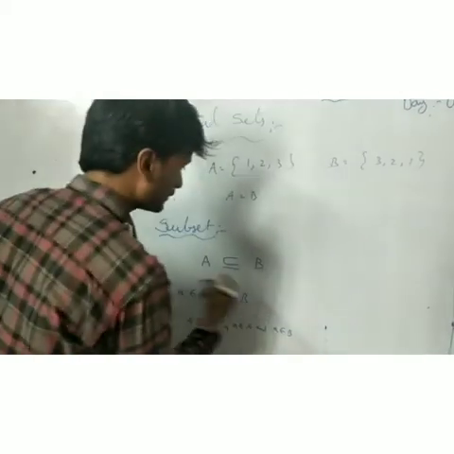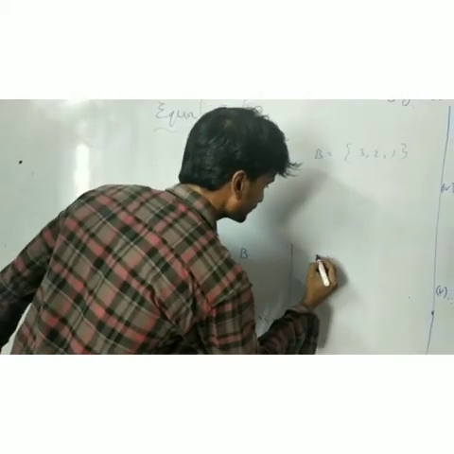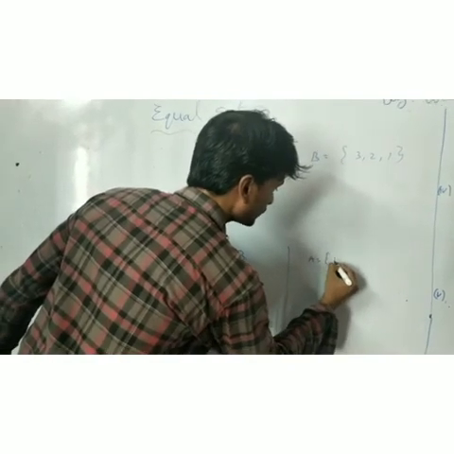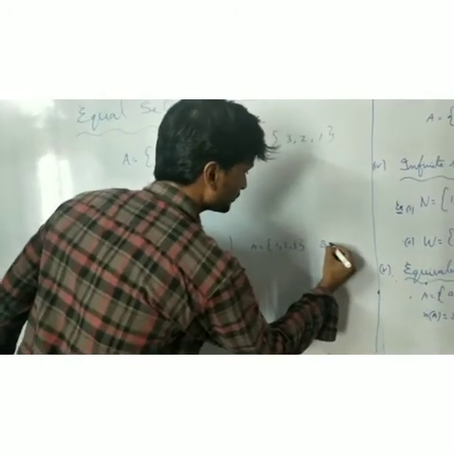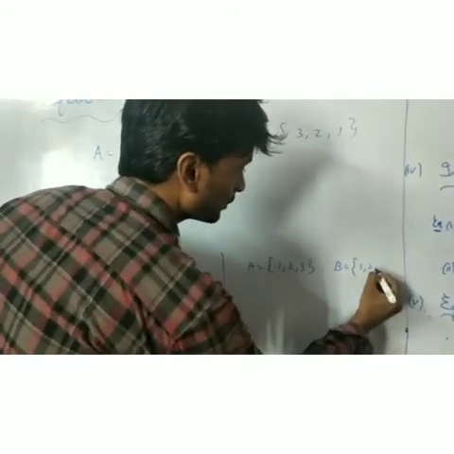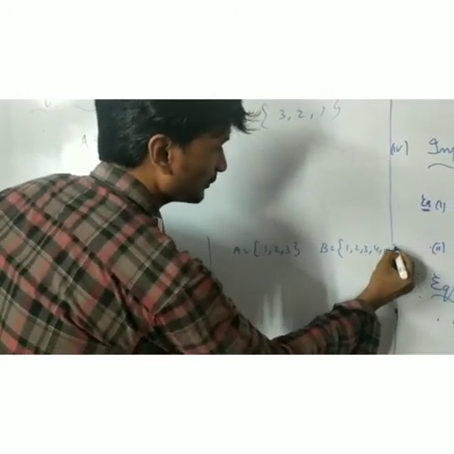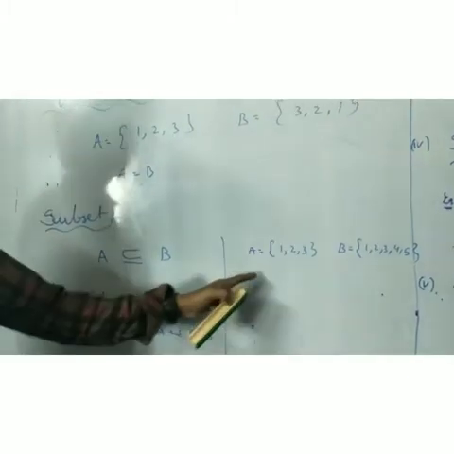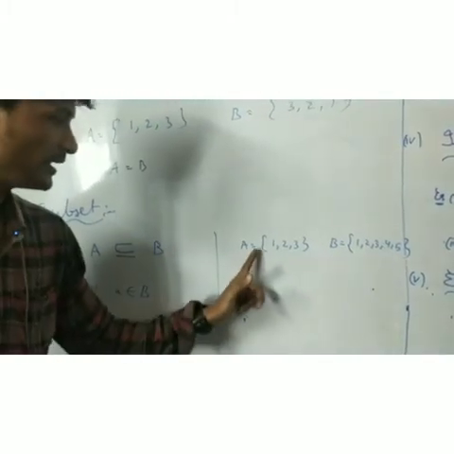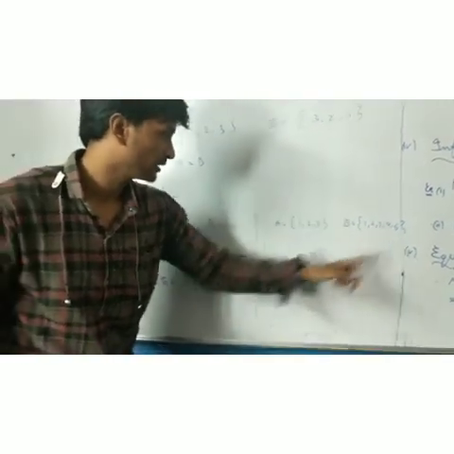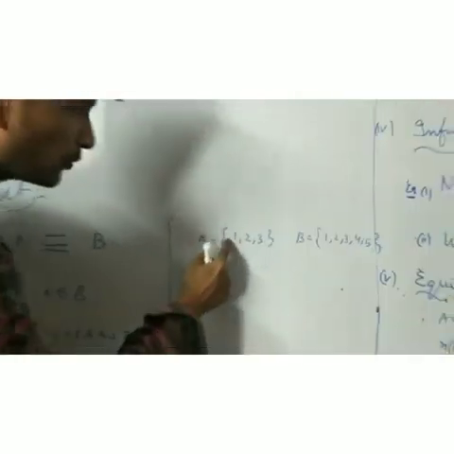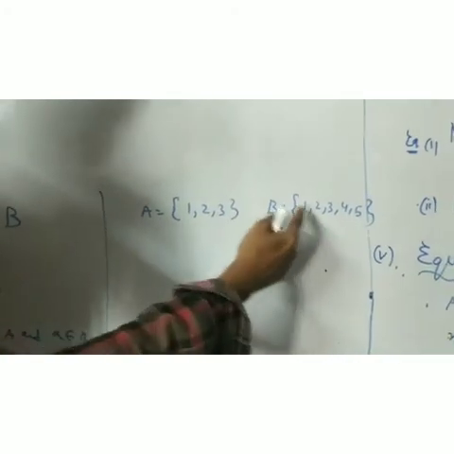For example, A equal to {1, 2, 3} elements and B equal to {1, 2, 3, 4, 5}. So compare these two sets. A equal to 1, 2, 3, B equal to 1, 2, 3, 4, 5. So 1 belongs to A and 1 belongs to B also.